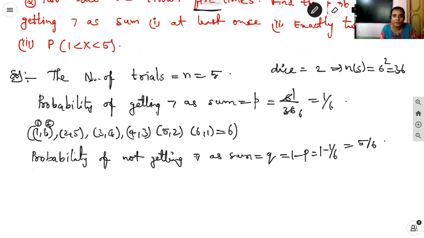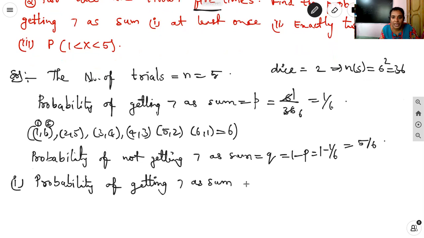Now we can find out case 1, the probability of getting 7 as sum at least once, that is equal to probability of x greater than or equal to 1.